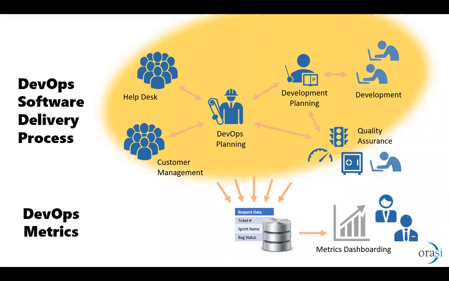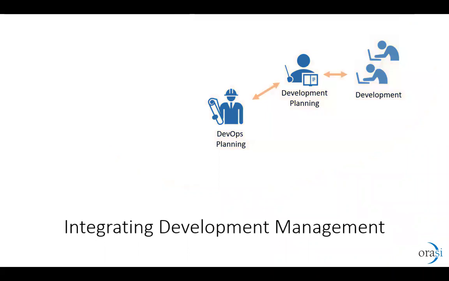So each of those would be individual functions, minimum viable products, that would deliver a piece of that overall epic that the customer really wanted. So that's the idea. That's what we call integrating development management.